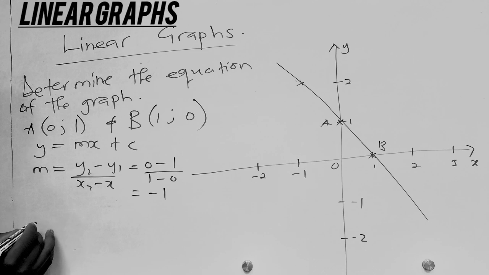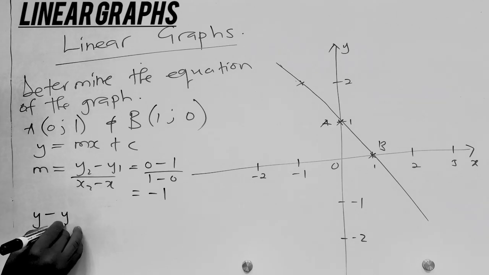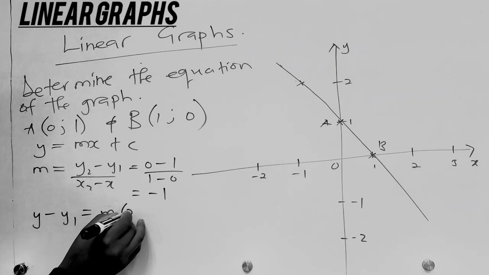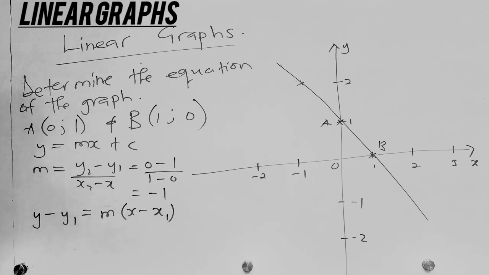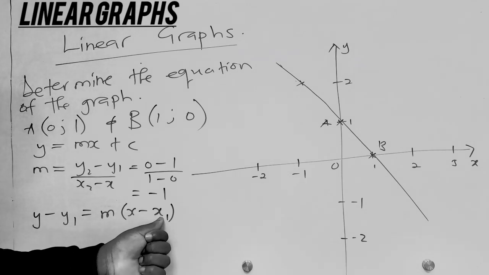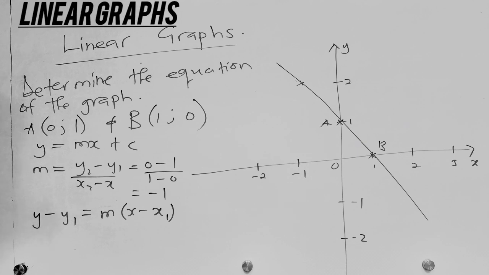Therefore, we use the formula y minus y1 is equal to m times (x minus x1) to find the equation of our straight line or our linear graph. y1 and x1 represent any point that lies on our linear graph. In this case, we can choose point A to represent y1 and x1.